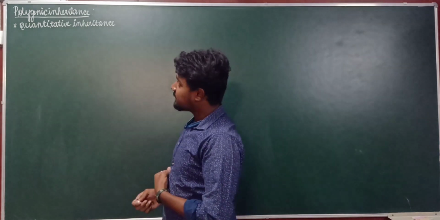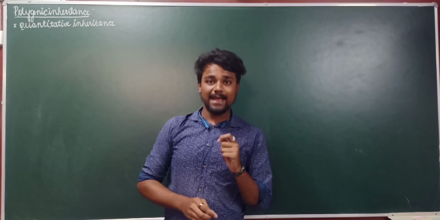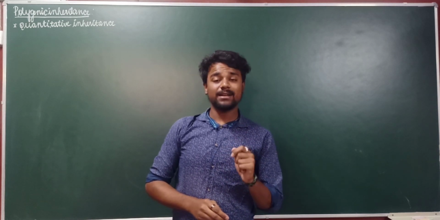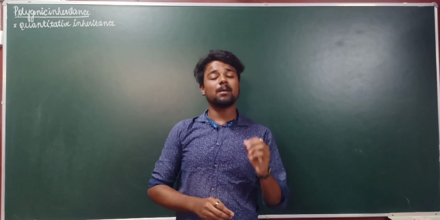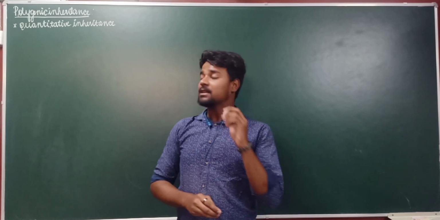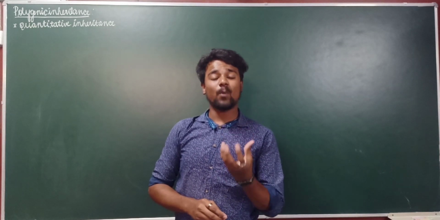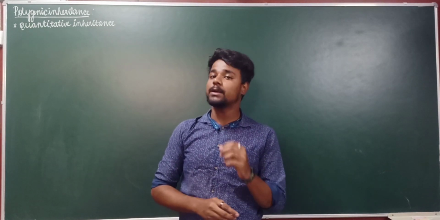So what is the main thing here in polygenic inheritance? The character is maintained by the number of dominant genes. As I have already told, this particular polygenic inheritance mainly works on the quantity of the genes and not the quality of the genes.